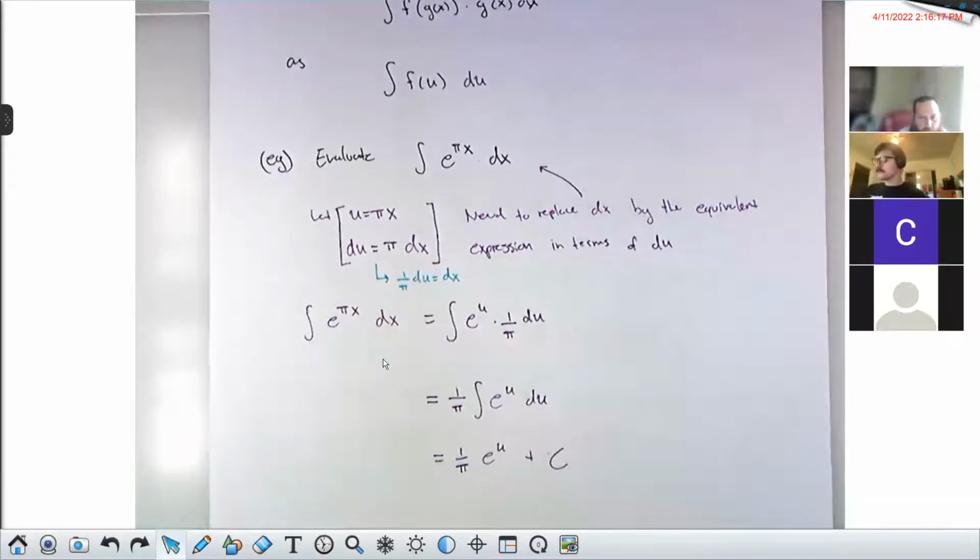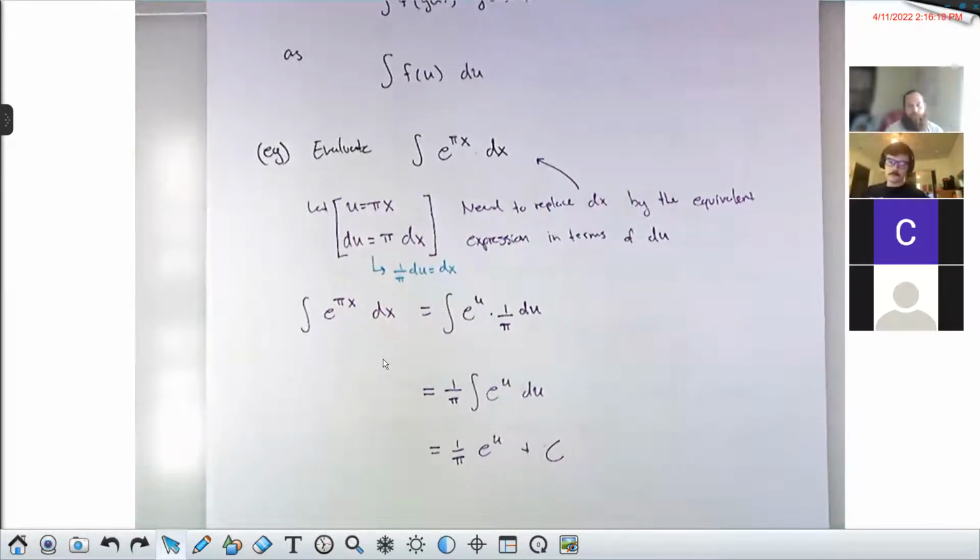And you might be tempted to call the problem done at this point. But remember, we were asked about e to the pi x. And if I come around and say, oh, it's 1 over pi times e to the u plus c, people are going to be confused about what this thing is. So when you're doing an indefinite integral, at the end, you need to plug back in your substitution.